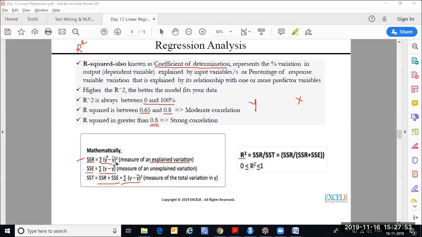Now, to calculate R squared value, the formula is SSR, sum of squared residuals, divided by sum of squared total. That's why it lies in the range of 0 to 1. Am I clear, folks?